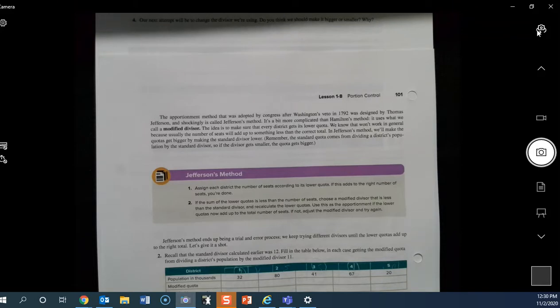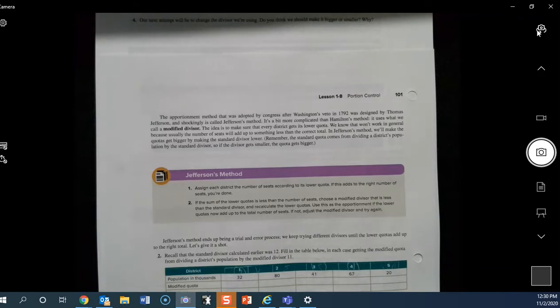We know that won't work in general because usually the number of seats will add up to something less than a correct total. In Jefferson's method, we'll make the quotas get bigger by making the standard divisor lower. Remember, the standard quota comes from dividing the district population by the standard divisor. So if the divisor gets smaller, the quota gets bigger.